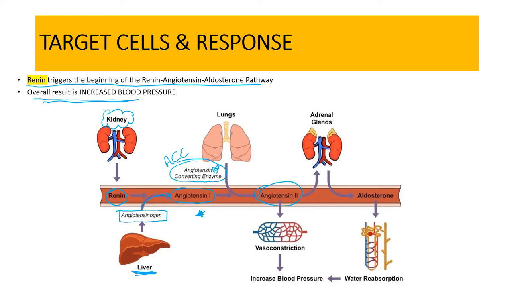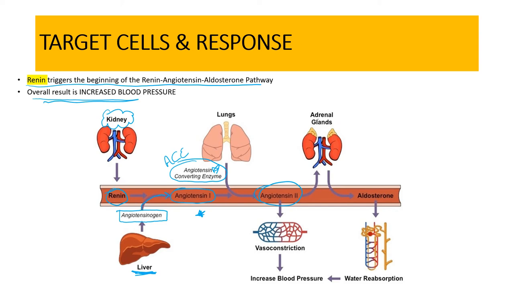So angiotensin 1 combined with the ACE, they've both got to be present, are going to result in angiotensin 2. Now, angiotensin 2 is going to have several different things that it's going to affect. Several, like 5, I think, is how many I wrote down in the next slide.